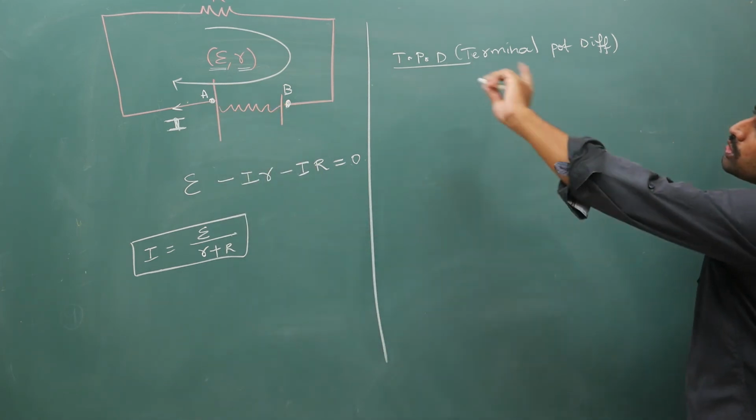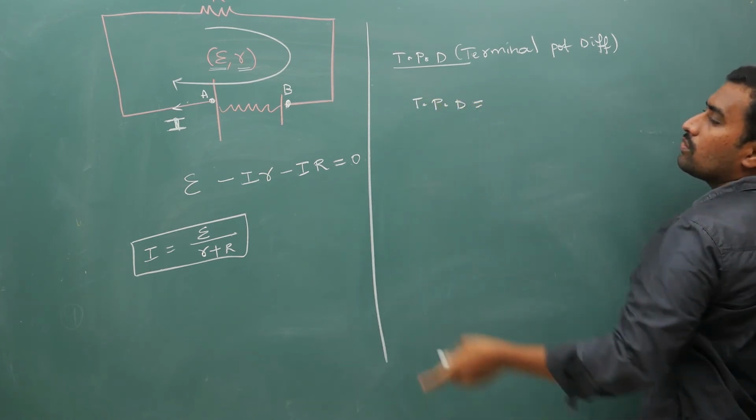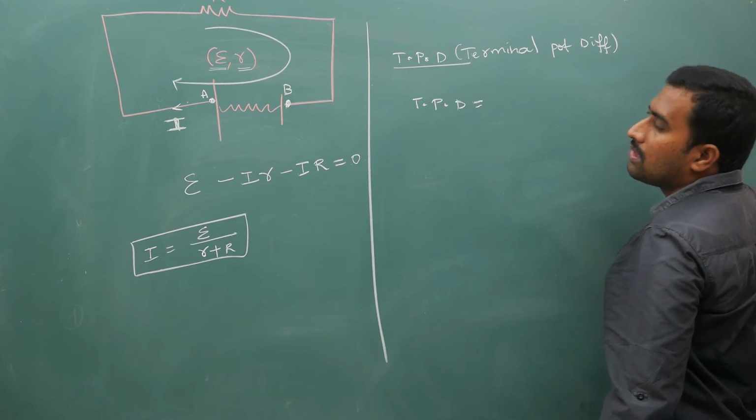Now if you go through the cell, it will be one value. If you go outside of the cell, it will be another value.